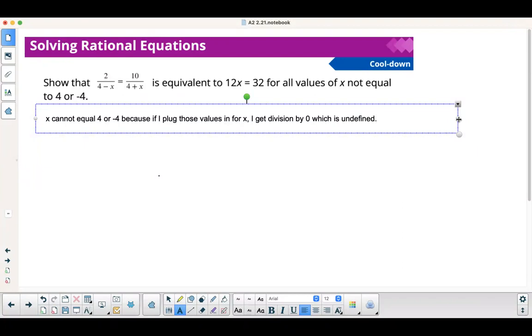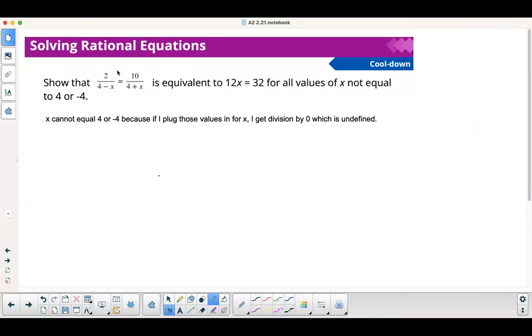So then let's see if I can do the rest of this and just show that they're equal. So I'm going to maybe start out with the cross multiply technique. So I take 2 times 4 plus x equals 10 times 4 minus x. And let's see what happens here if I start distributing. I get 8 plus 2x equals 40 minus 10x.